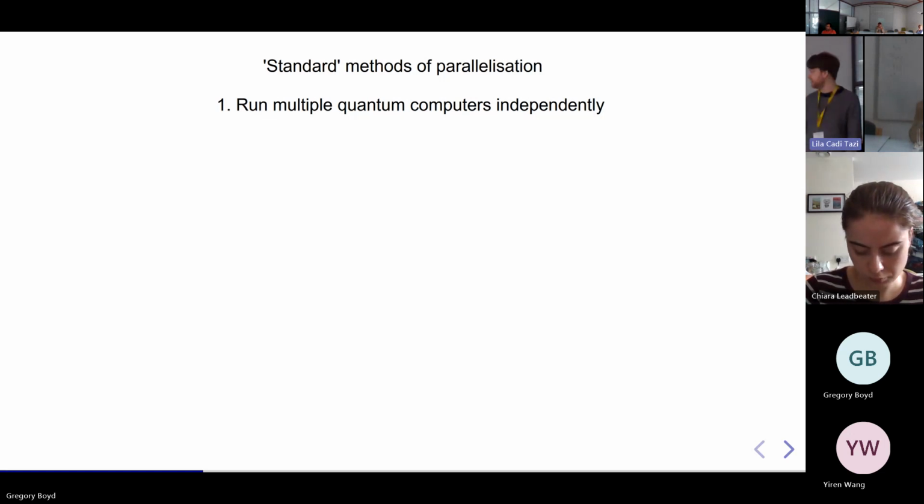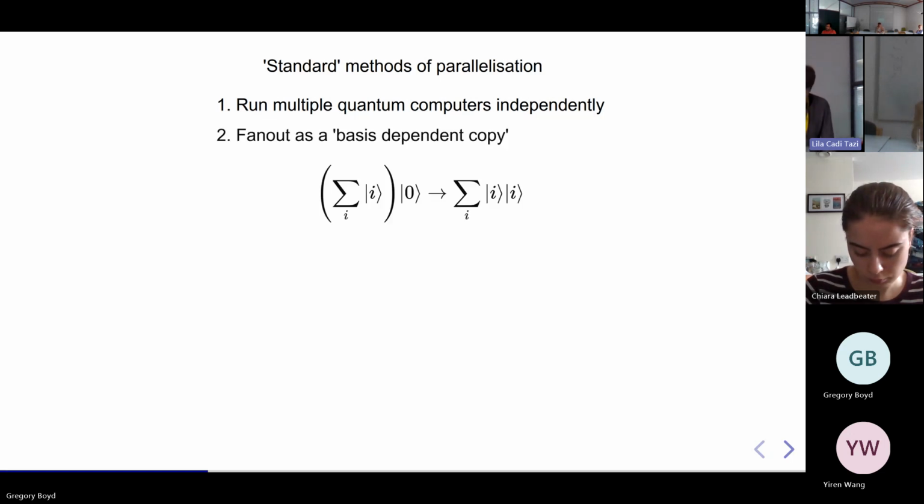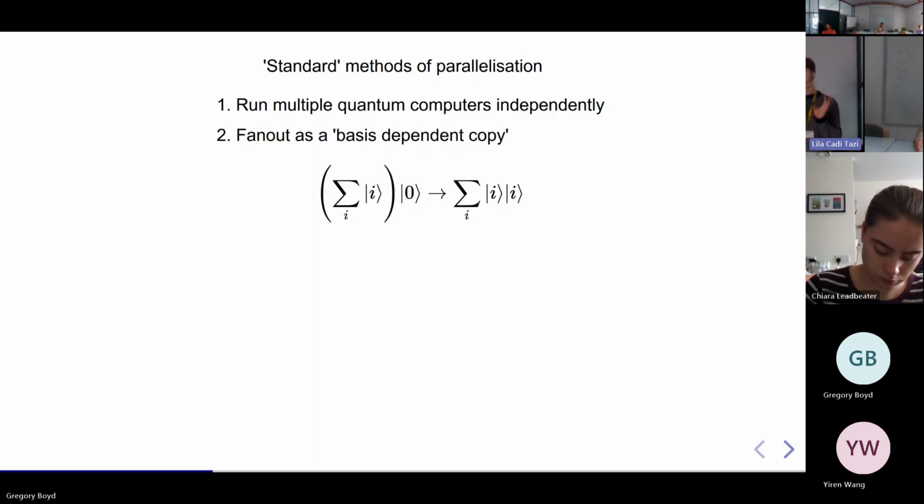So we can't copy data because there's the no-cloning theorem, but we can do some things that feel a bit like copying, even though they're not actually copying any information. We can spread out information over a larger number of qubits. So this fan-out operation is like a basis-dependent copy. It takes information in the computational basis, and it spreads it out over a series of registers.